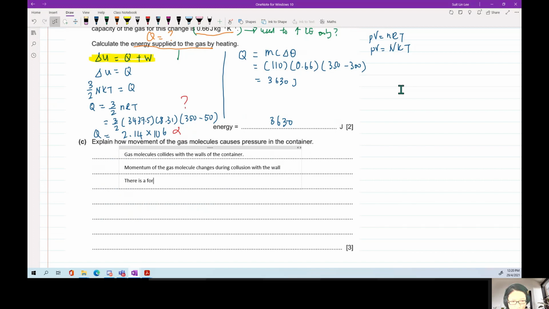There is a force on the gas molecule by the wall. Hence, there is also a force on the wall by the gas molecule. Who says so? Newton's law. Newton is everywhere.